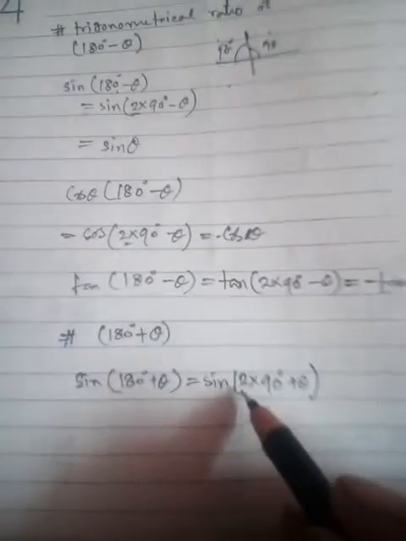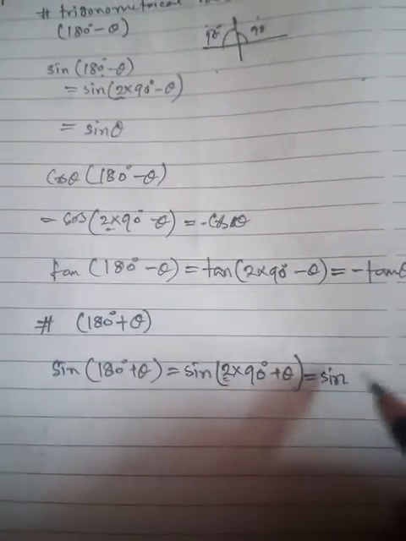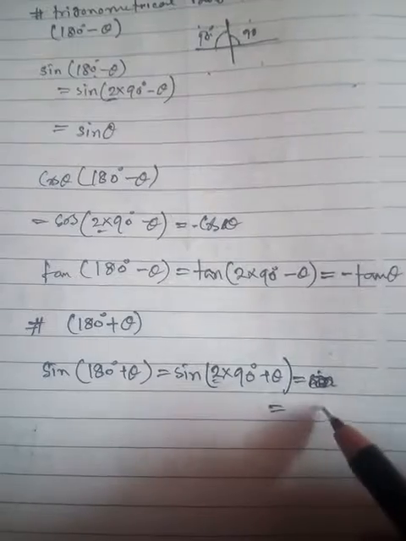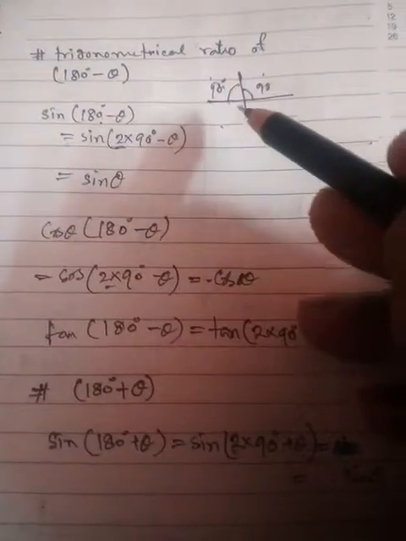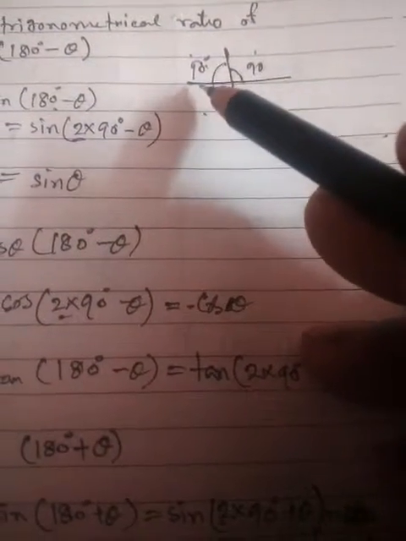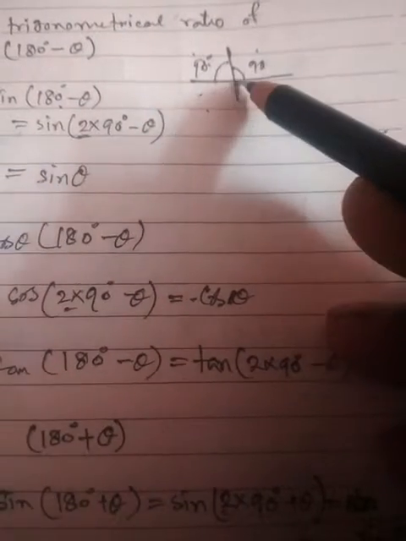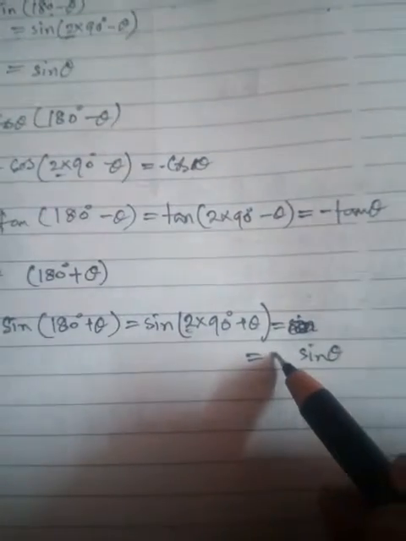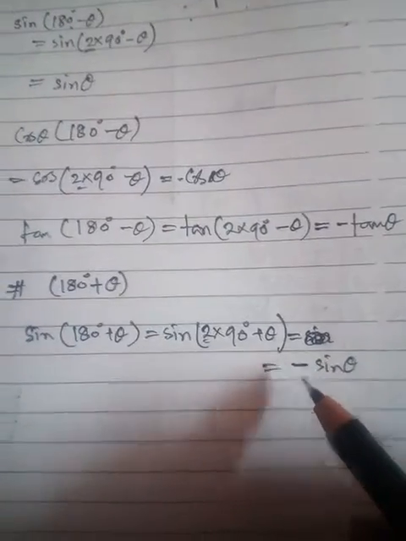Now as n is even, it will be sine theta, and it is situated in the third quadrant, because 180 degree plus theta means that if we add some amount of angle to 180 degrees, it will fall in the third quadrant. All sine tan cos, only the value of tan will be positive in this quadrant. That's why it will be minus sine theta.